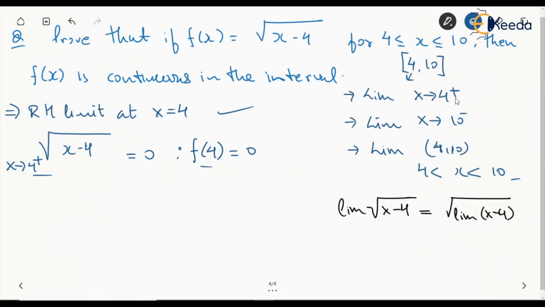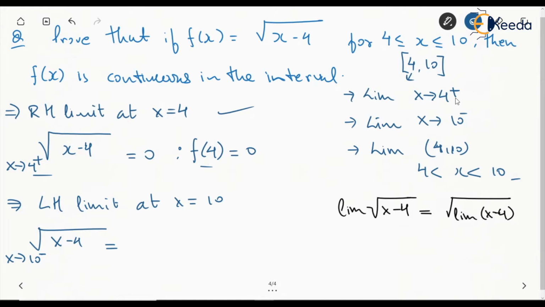And the next, let's say we check at the end point, at x is equal to 10. In that case, again, this will be x minus 4 for x tends to 10 minus. So this is going to be something around 10 and less than 10.